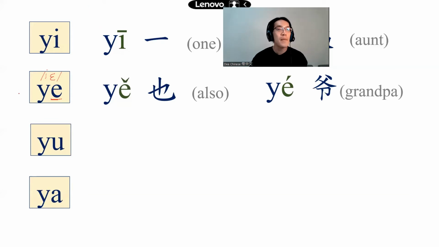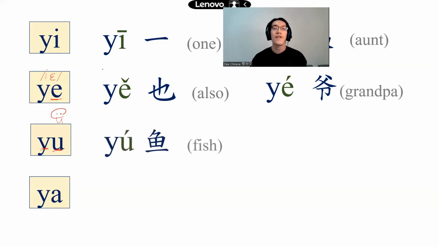And the next one, remember when we mentioned the u with the 2 points? When it is combined with y, you don't need to write these 2 points. You can just keep this. So next time, if you see y and u together, you have only one choice to pronounce. So the first one is yu, yu means fish.